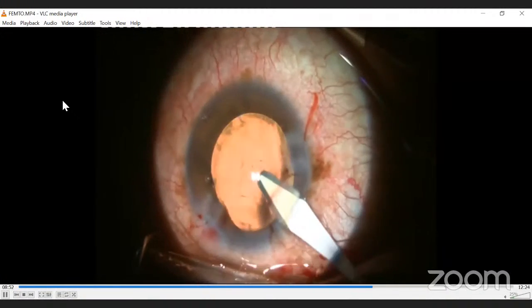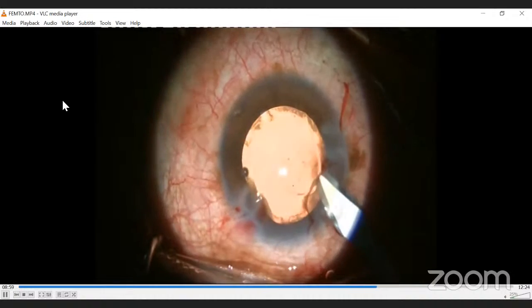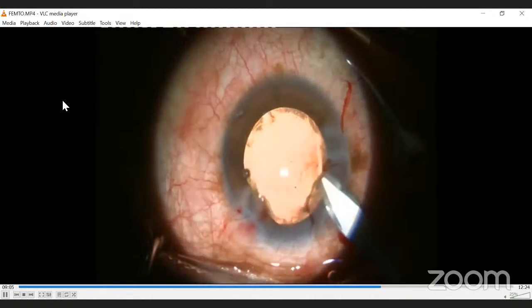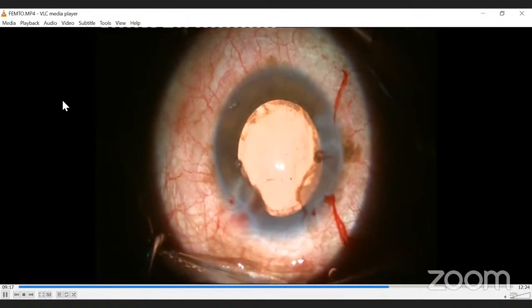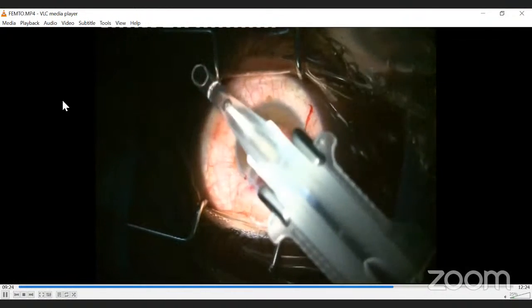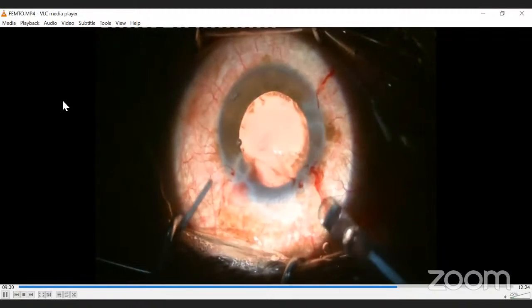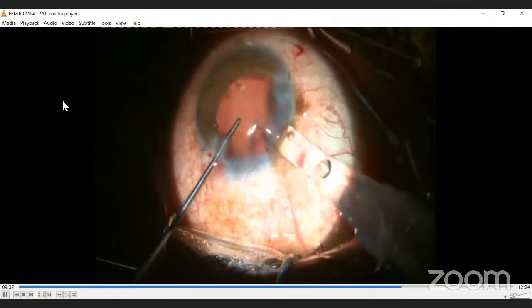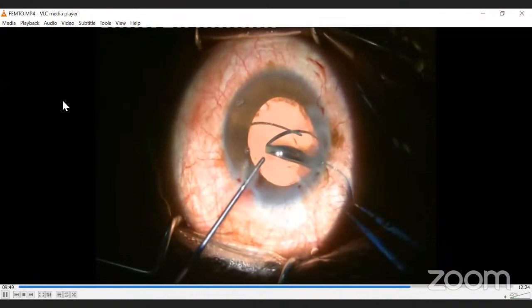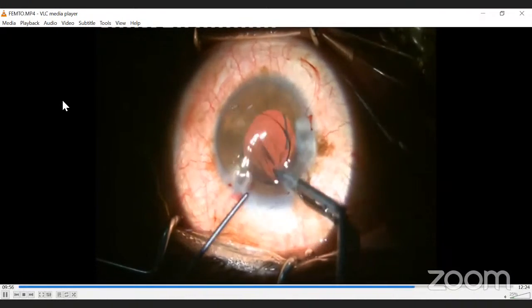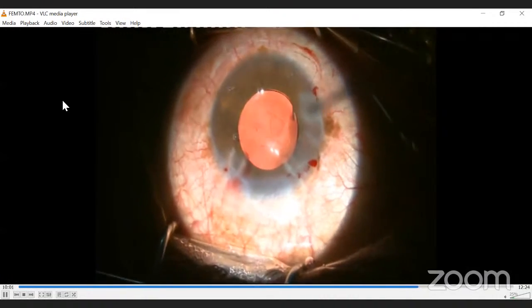You have to enlarge the incision a little bit to about 3 millimeters. And even in this eye, it felt very, very challenging because the capsular bag was very peculiar and it was tough. So here we were able to implant the lens and close up.